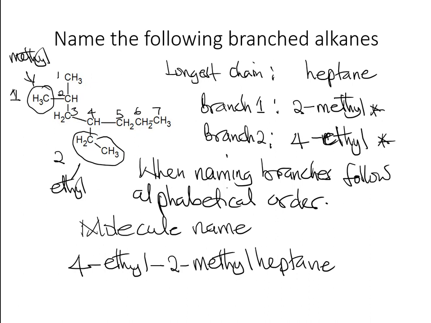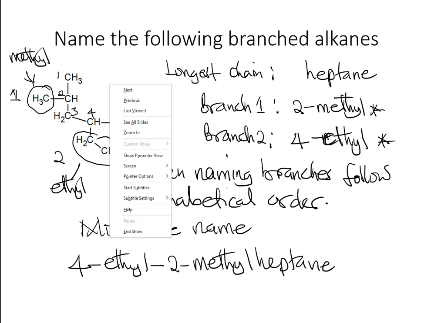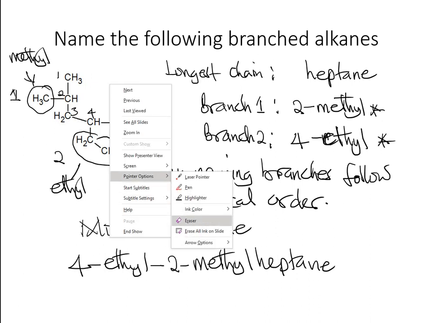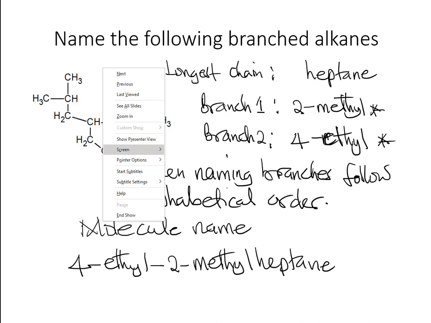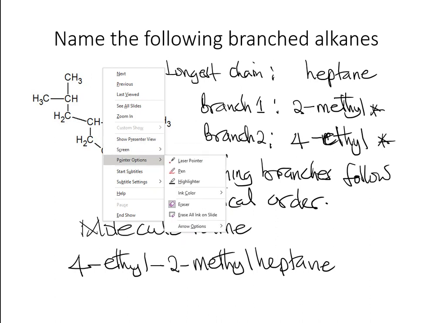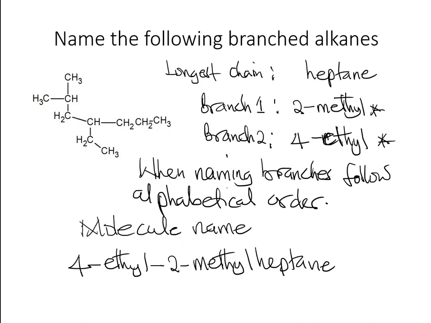So that's the name of this compound, 4-ethyl-2-methylheptane. So the molecule we have above here is called 4-ethyl-2-methylheptane. So that's how we name branched chain alkanes.